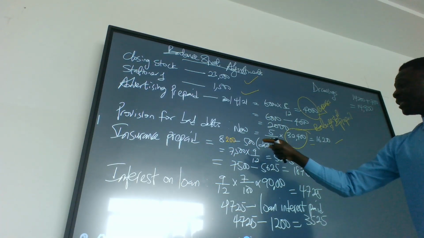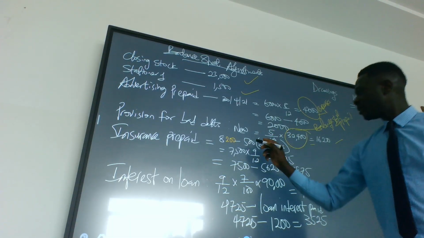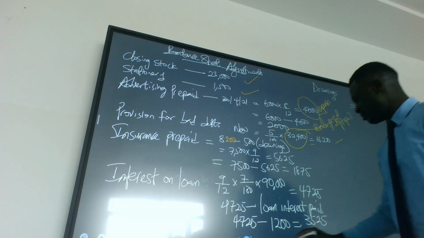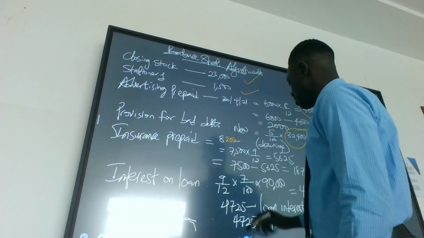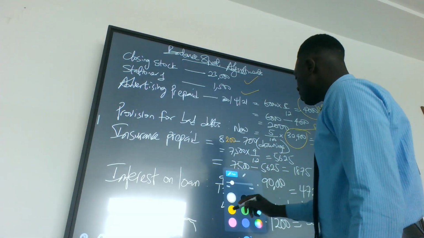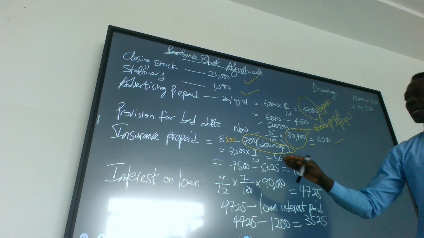Then we have drawings from insurance for the owner's car. The drawing is 700, not 500. So this goes to the owner's car insurance, right? So our total insurance is what?